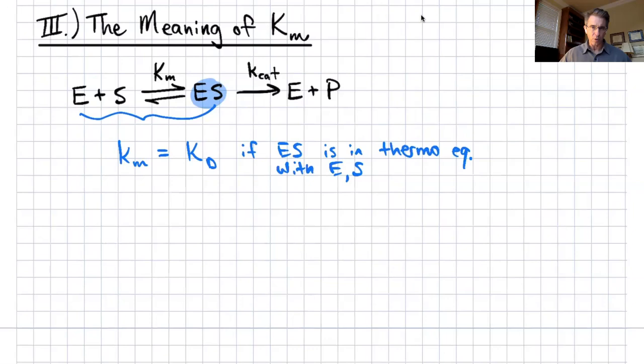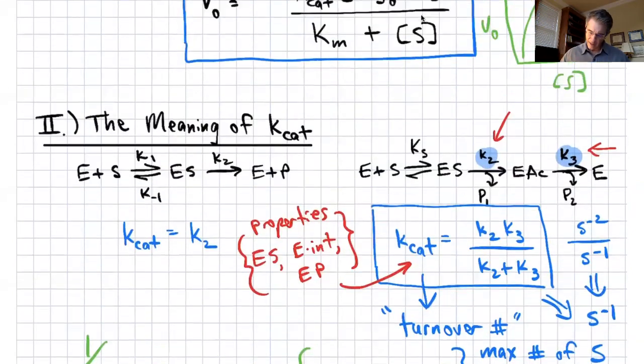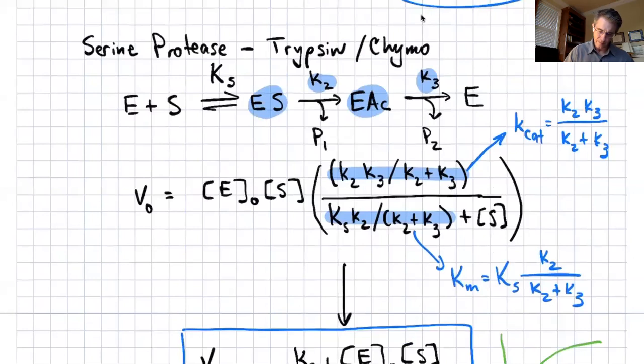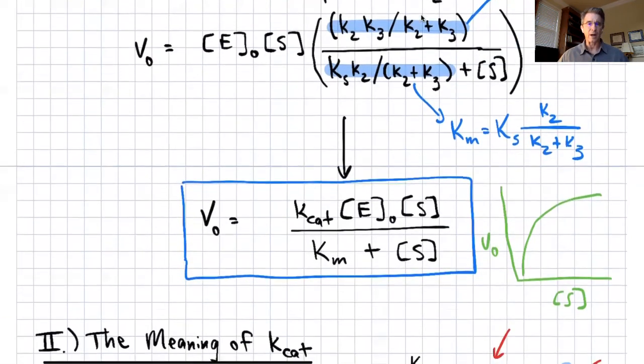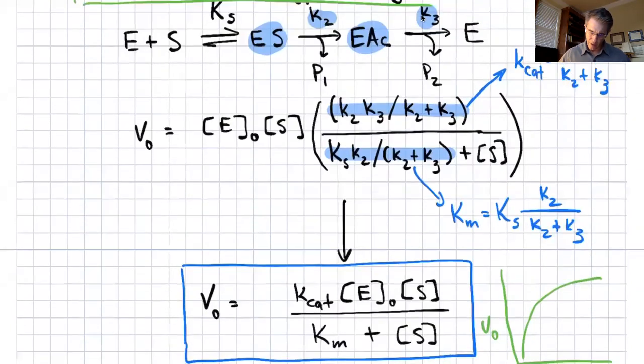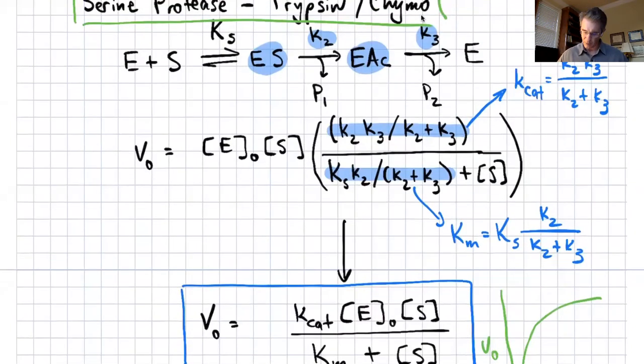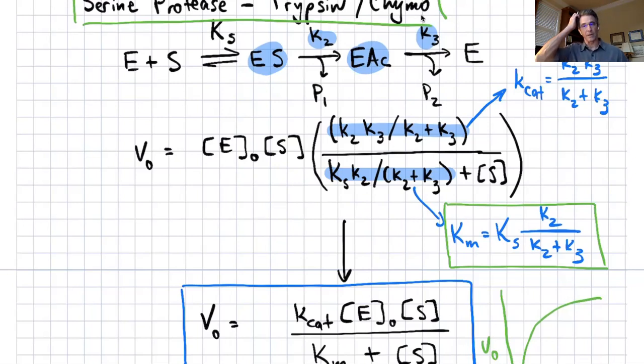But when the mechanisms get more complex, as we saw last time in thinking about chymotrypsin, the serine protease mechanism, then Km becomes a little more complex. For a mechanism like the trypsin and chymotrypsin mechanism, and for all more complex enzymes, Km becomes a function of all of the underlying equilibrium constants and/or first order rate constants that describe the process.